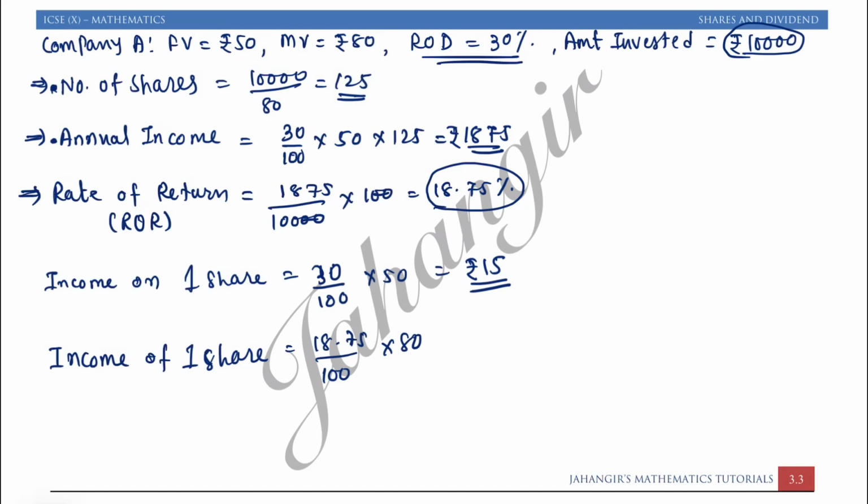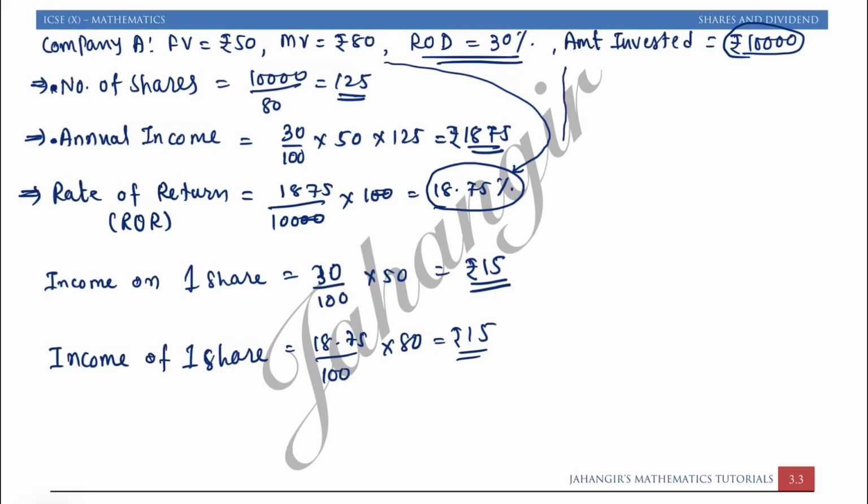If you calculate 18.75 into 80 divided by 100, you get the same rupees 15. Means what is the rate of return? It's a return on our actual investment. Actual investment means you are actually buying one unit for rupees 80. So 18.75 denotes that you are getting an income of 18.75% on your actual investment.